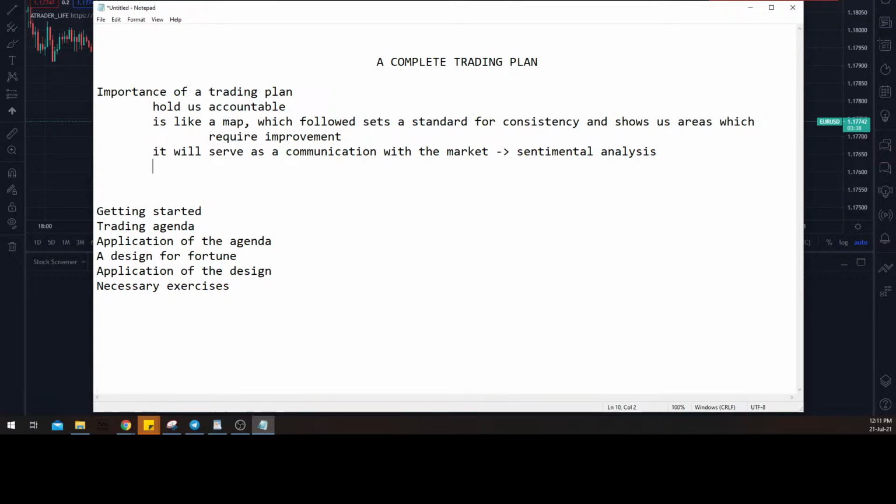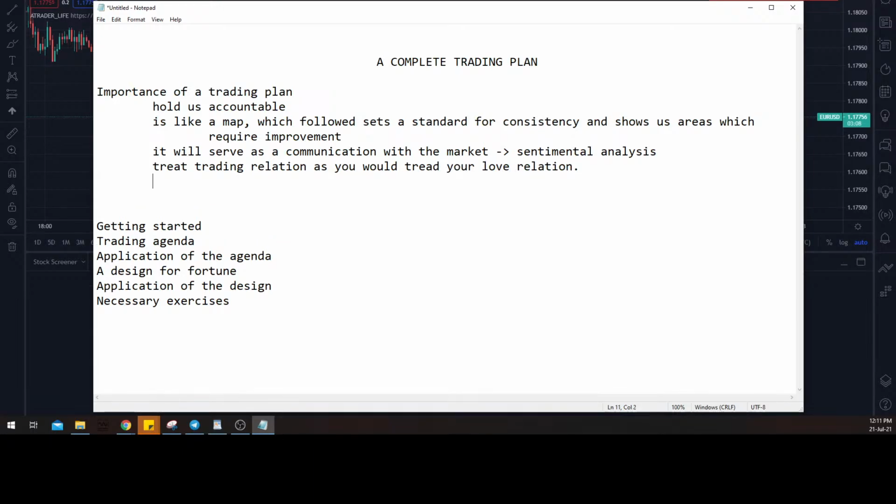So just like with a relationship, if we do not communicate and spend time with a loved one, we will not know what is happening in their lives. The same is happening in trading. If we are not in the charts spending time with the patterns, candle formations, technical indicators, volumes, and market flow, we will not understand the intention of the market. So you have to treat the trading relationship as you would treat your love relationship.